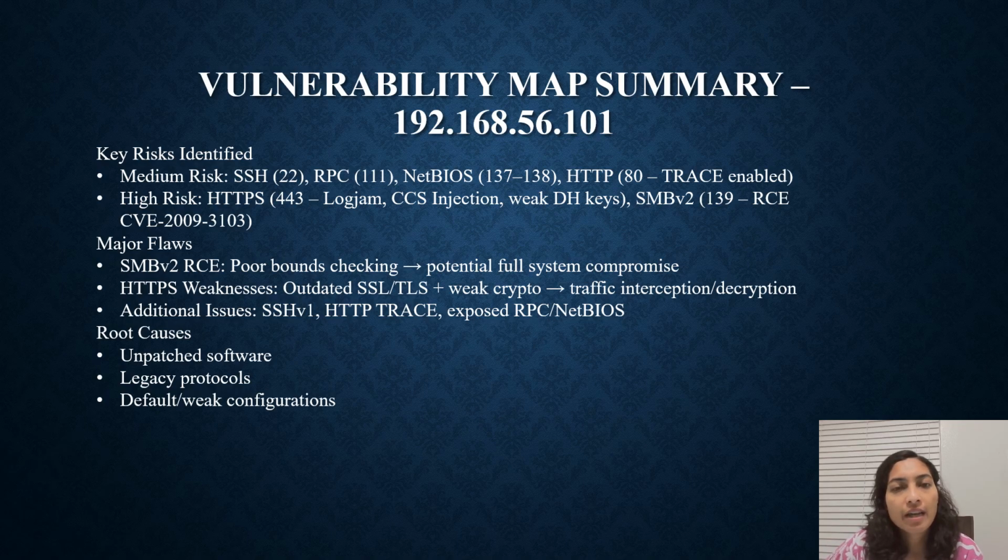It shows SSH on port 22, RPC on port 111, and NetBIOS on ports 137 to 138 all fall in the medium risk category. That's mainly because they are using outdated protocols and exposing services that really shouldn't be open.